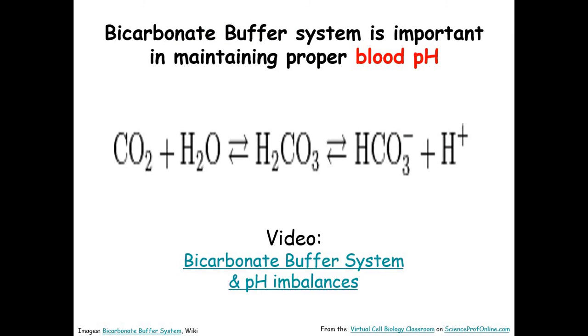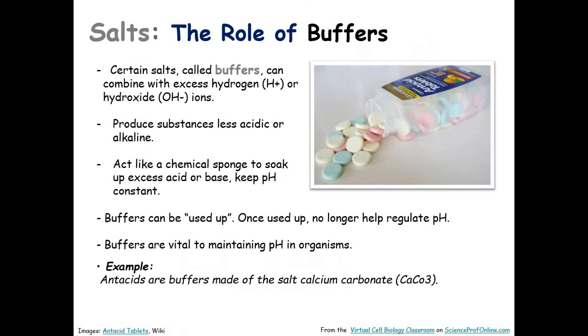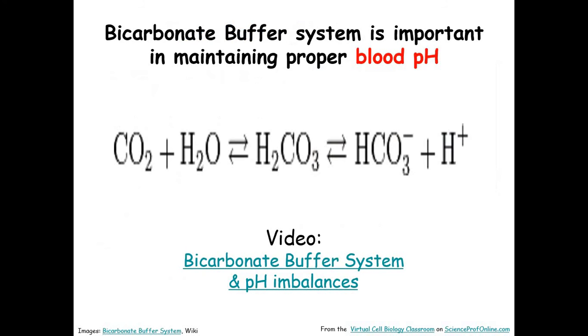Now, let's proceed with buffers. Okay. So, the role of a buffer, class, is to maintain pH. Okay? An example of a buffer is the bicarbonate buffer system. This is the buffer system that maintains the pH of blood. Okay?